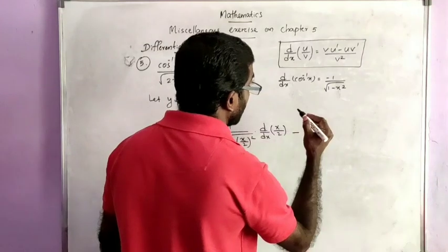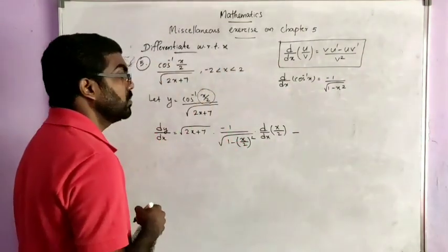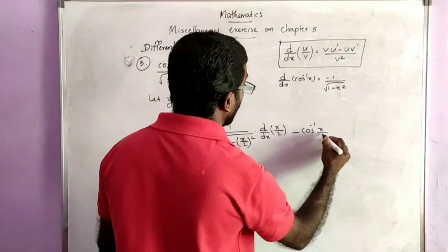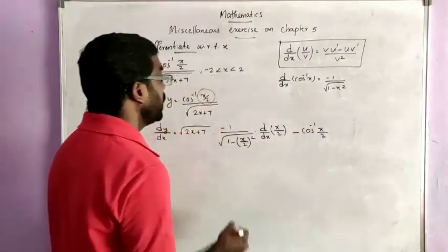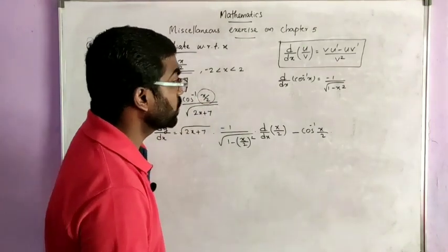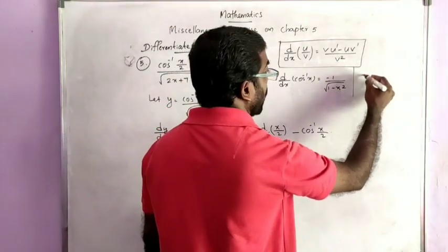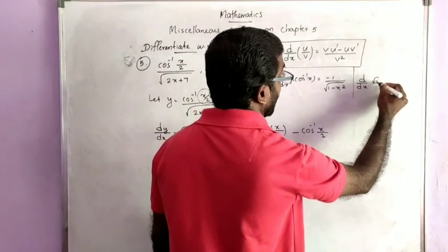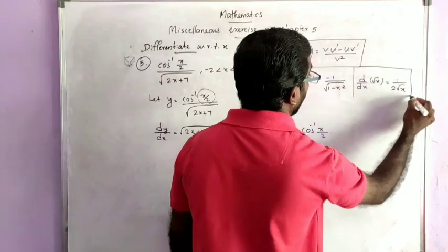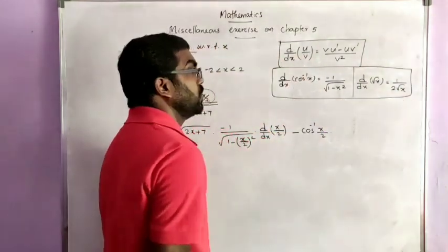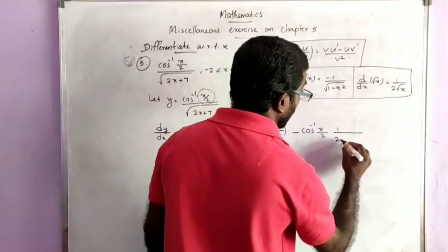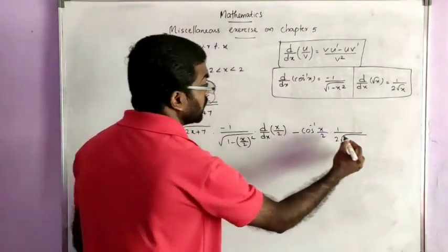Then minus uv dash. Uv dash means numerator into, that is cos inverse x by 2 into derivative of denominator, that is derivative of root of 2x plus 7, and we know the derivative of root x is 1 by 2 root x. Derivative of root x is 1 by 2 root x. So here we can write 1 by 2 root of 2x plus 7.